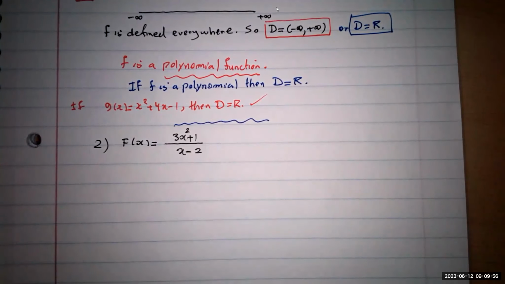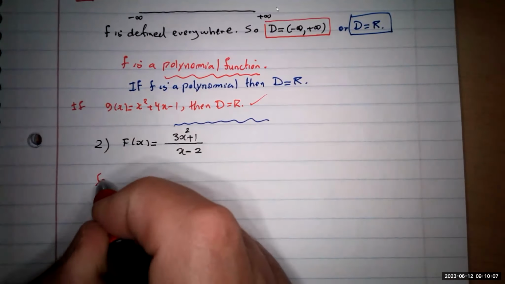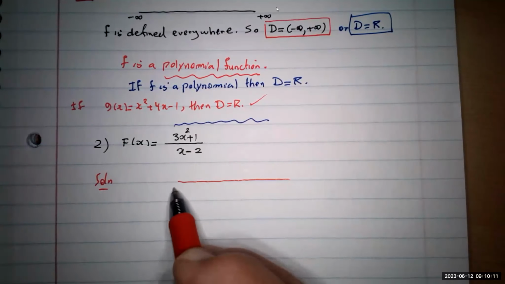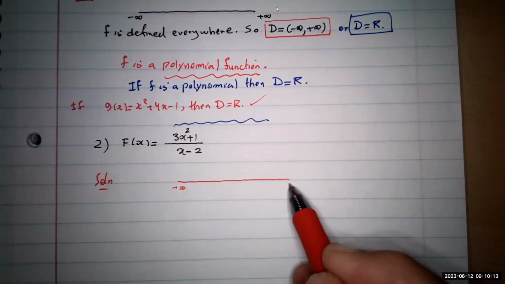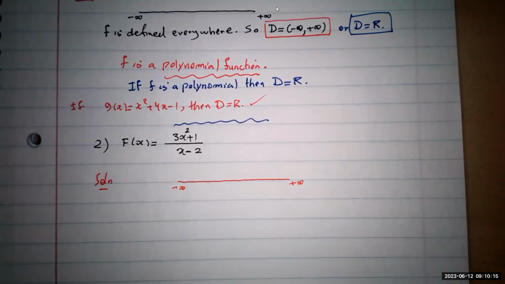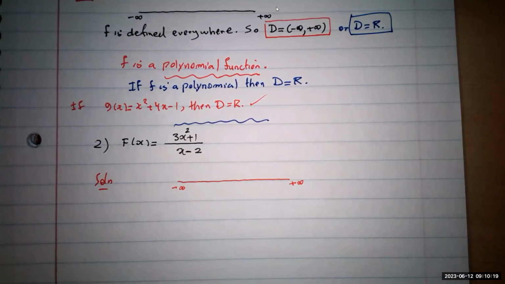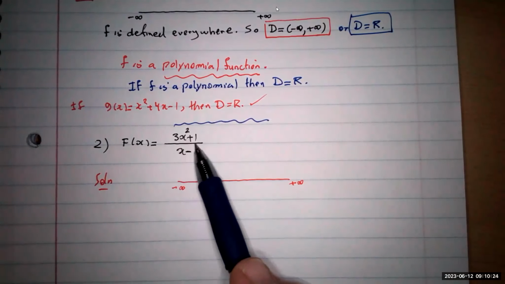You see, as soon as we divide by x, this is not a polynomial. It's a rational function. When it's a rational function, the natural domain is negative infinity to positive infinity for the top and the bottom. But the operation that you are using is division.